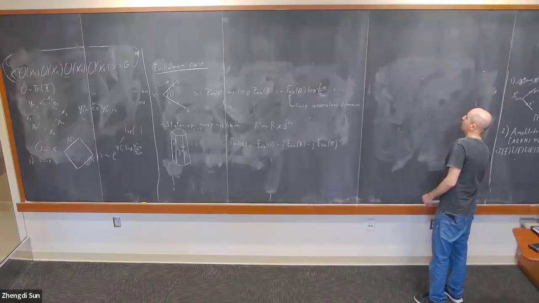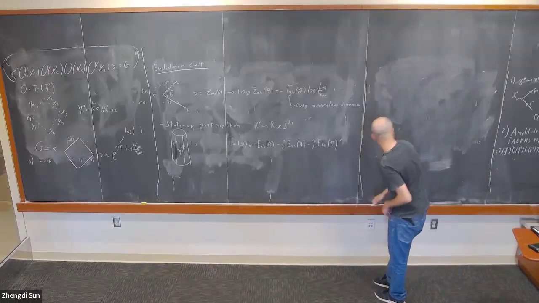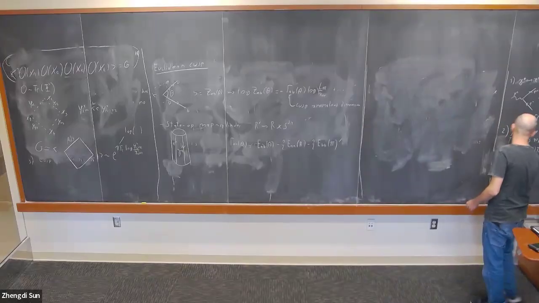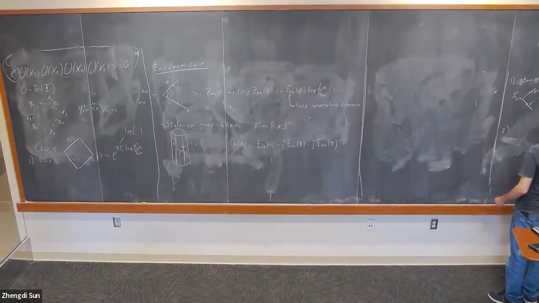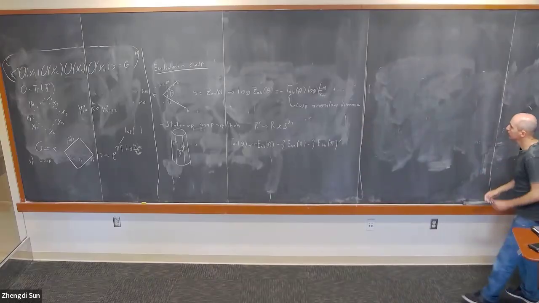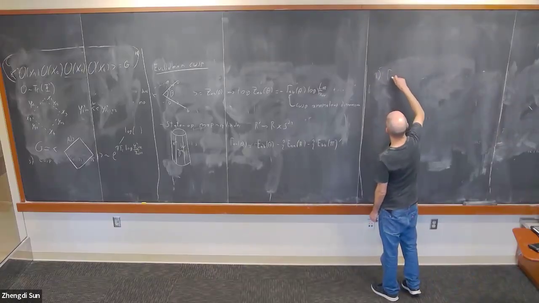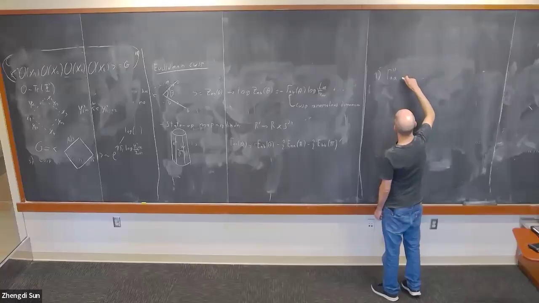So I want to make one claim. Let me erase here. Let me make one claim first. The first claim I want to make is that you take the cusp anomalous dimension between a line and itself, and take the second derivative.